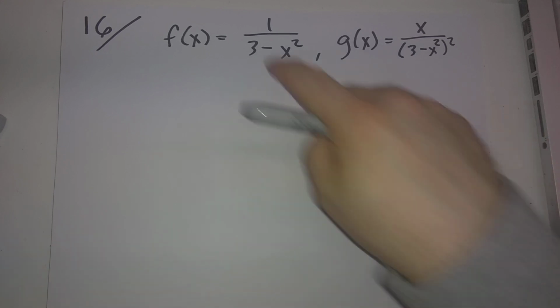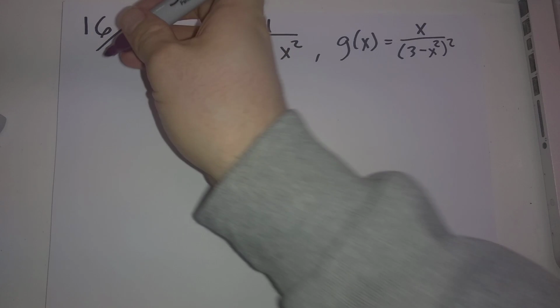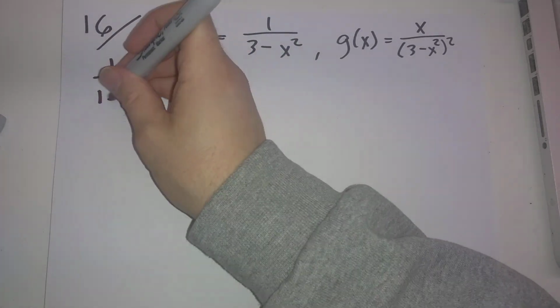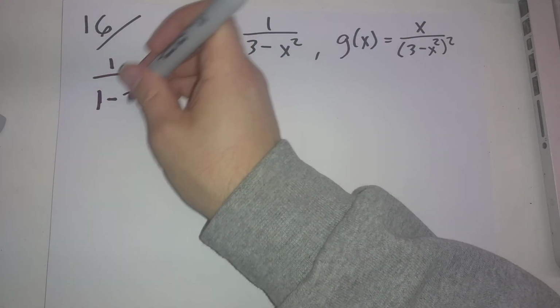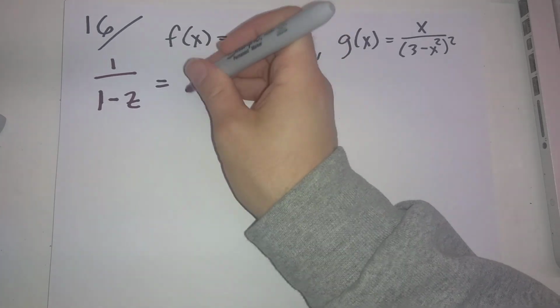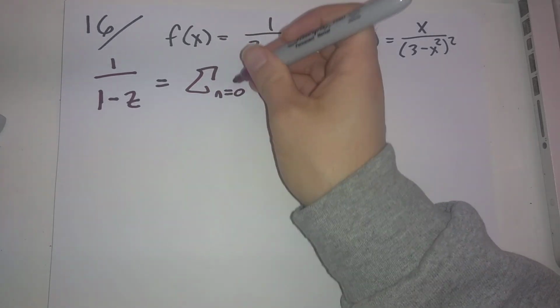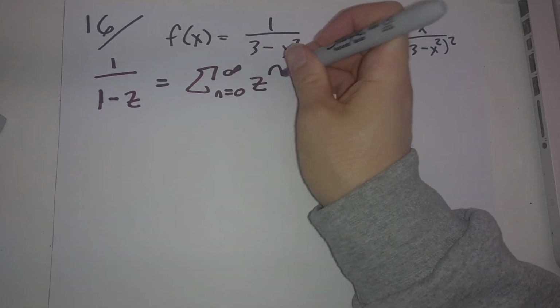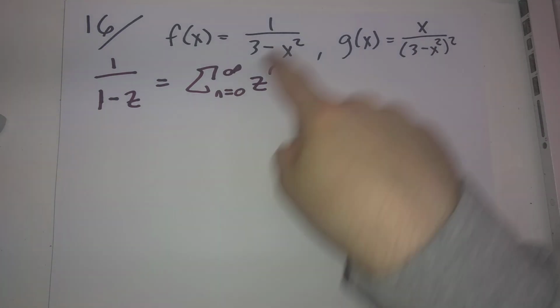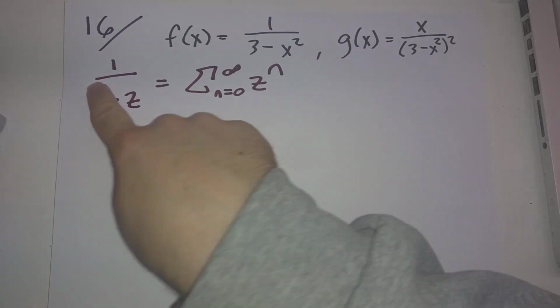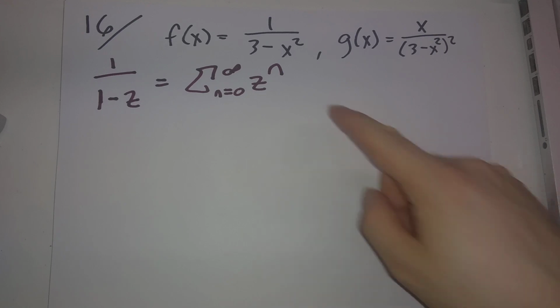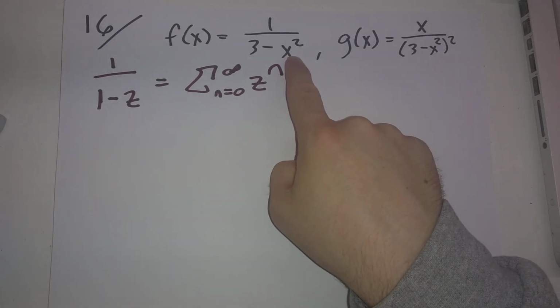Well, this looks kind of like the known series for 1 over 1 minus z, which is the sum of n from 0 to infinity of z to the n. So I want to manipulate this to look like this. How do I do that? Well, we shouldn't be concerned with x squared here.